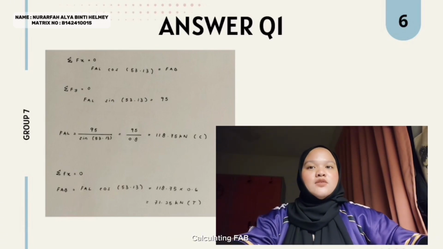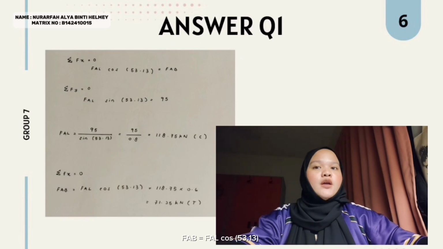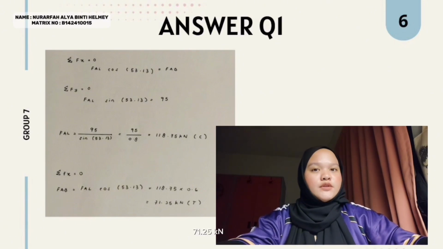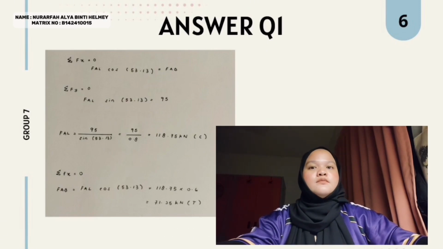Next, calculating FAB. Using the horizontal equilibrium equation, FAB equal to FAL cos 53.13 degrees. The final answer is 71.25 kilonewton, and that is a tension force.